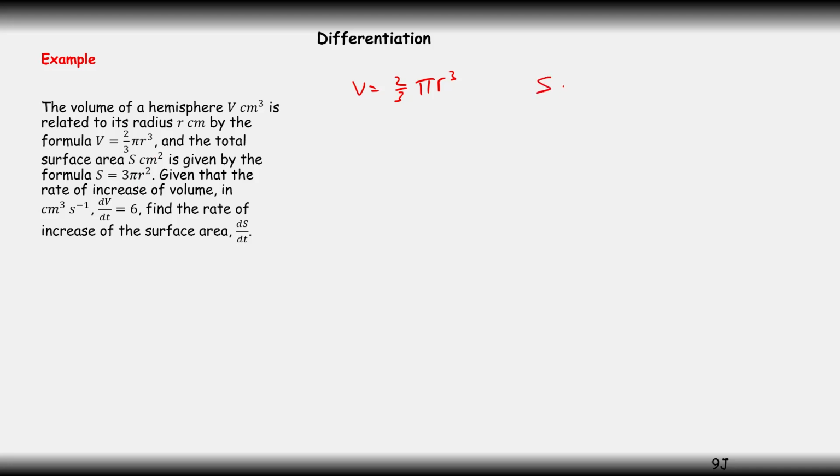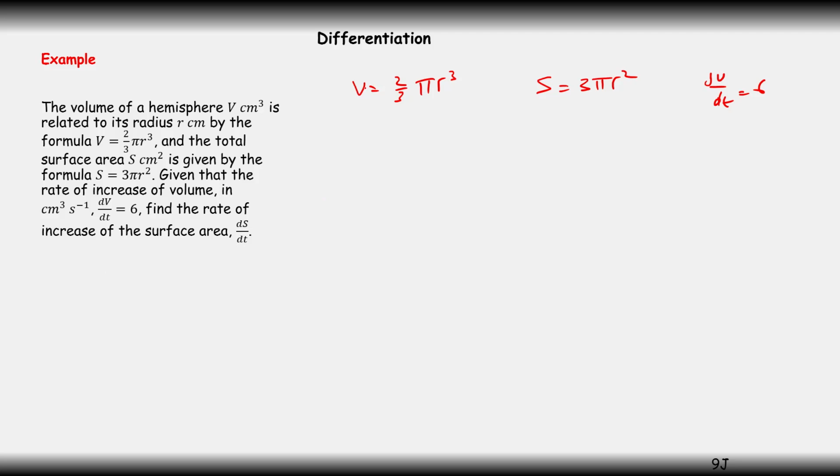So S is equal to 3 pi r squared. Given that the rate of increase in volume, so the rate of change of volume with respect to time is 6. So dV by dt is equal to 6. Find the rate of change of the surface area with respect to time, dS by dt.